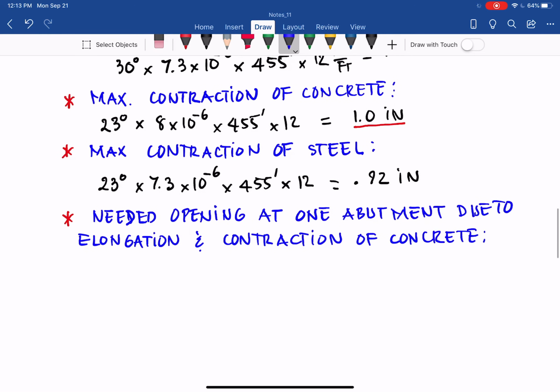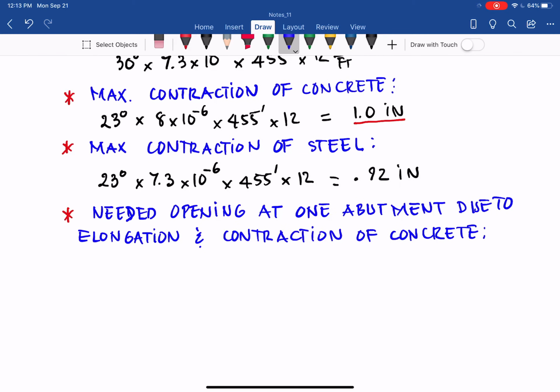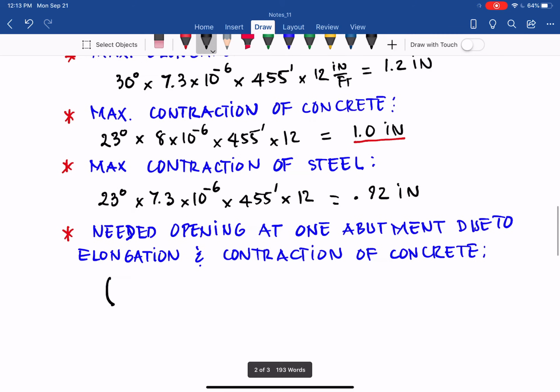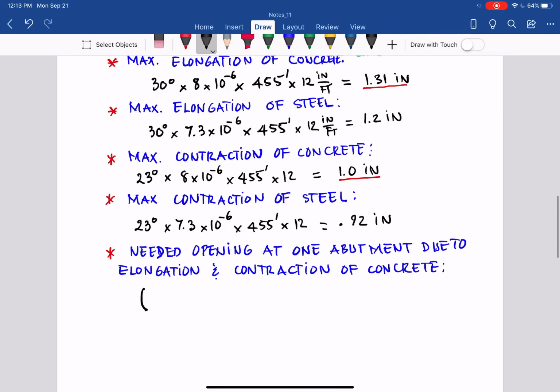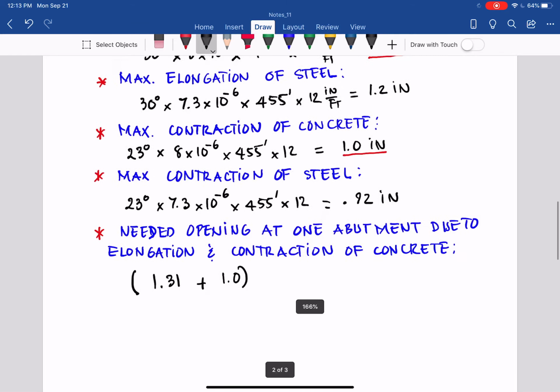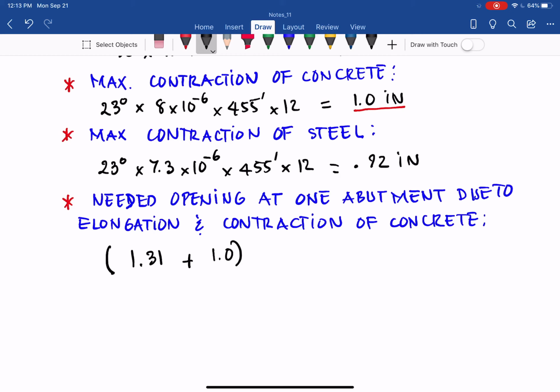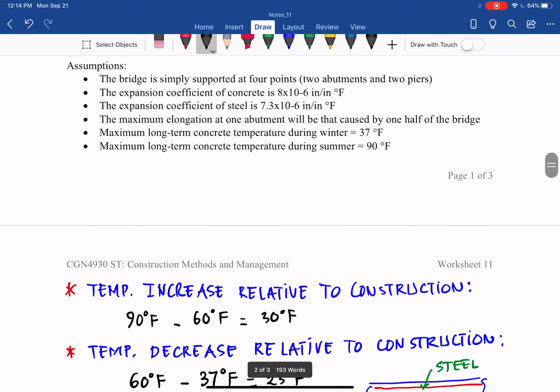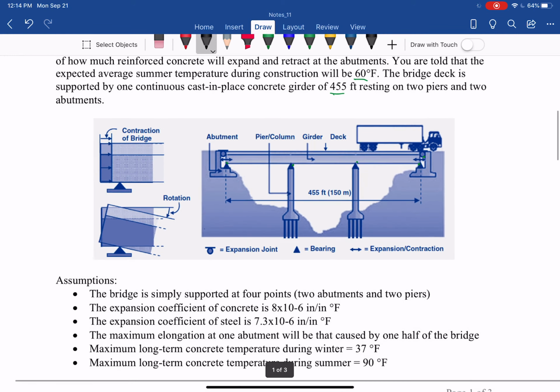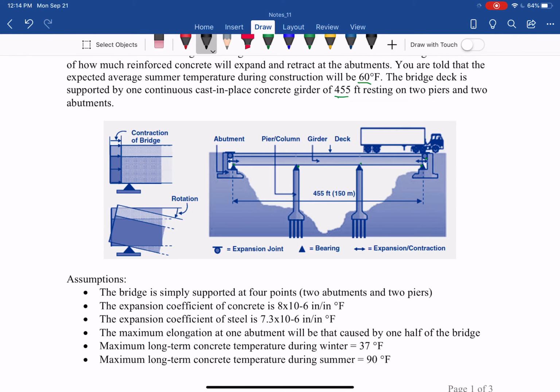So we just get the average between the two, because there is contraction and elongation. The total for the concrete for the elongation is 1.31 inch, due to contraction 1.1. On average, this is the total maximum opening for both sides. Maximum opening for both sides of the abutment, expansion and contraction have to be considered.